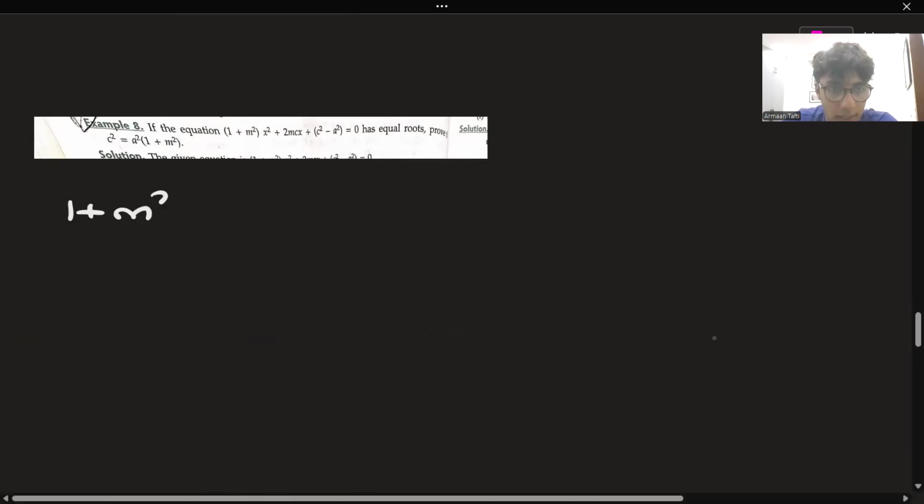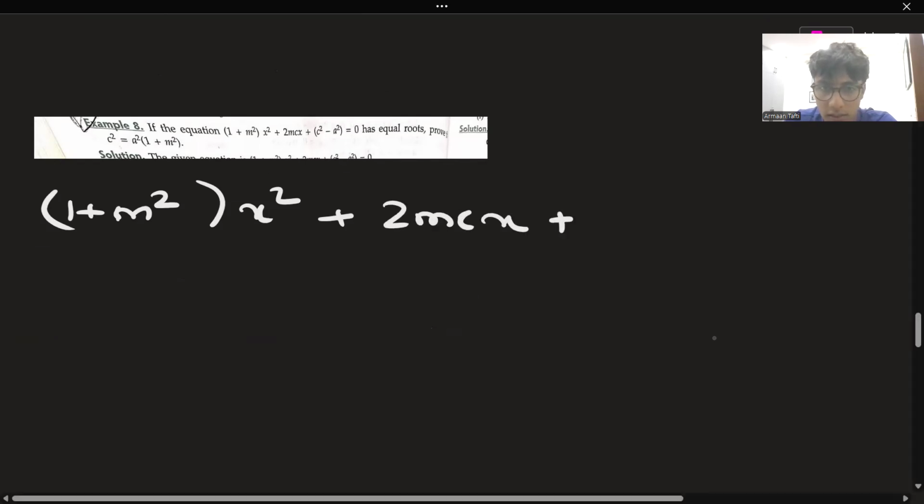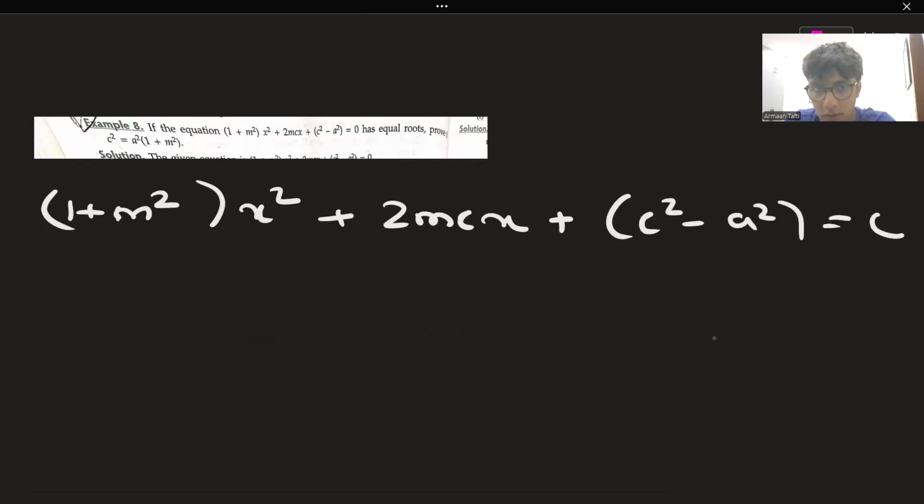I'll write down the equation once: (1 plus m squared) x squared plus 2mcx plus c squared minus a squared equals 0.